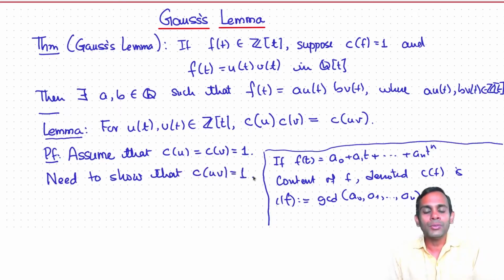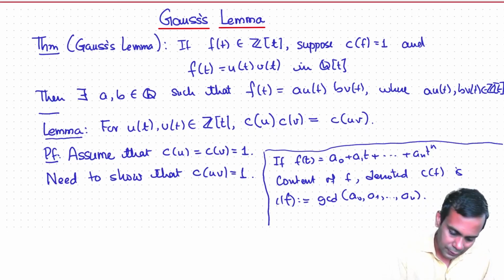For this, we will use a technique that is very useful for analyzing polynomials, which is the reduction of coefficients modulo a prime. Now, we need to show that the content of uv is 1, for which it is enough to show that no prime divides all the coefficients of uv. Right? So we'll use reduction modulo p. So let me just explain that.